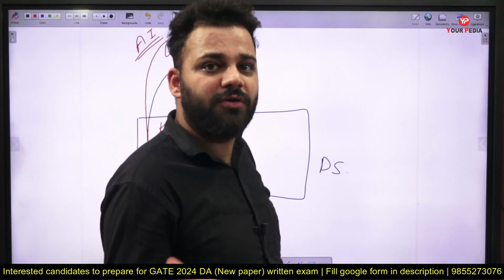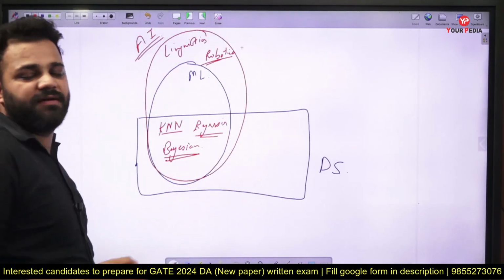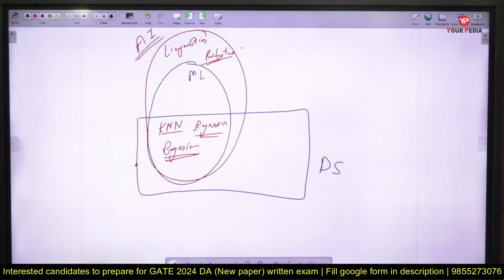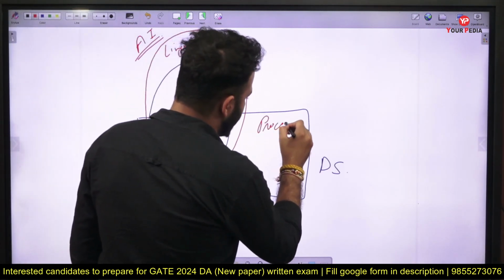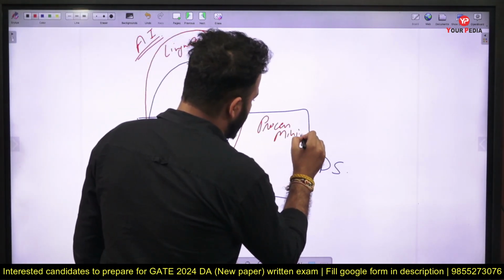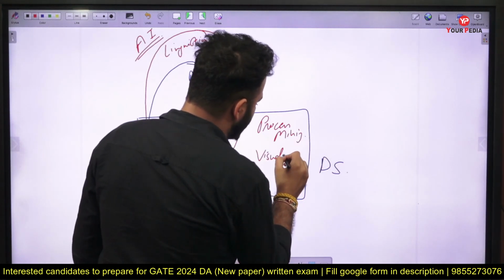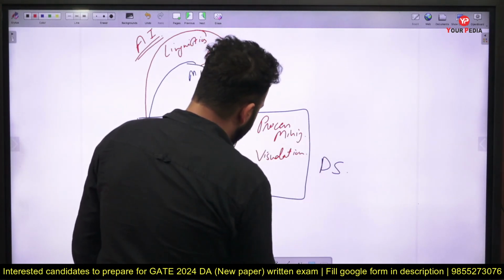Similarly, there are also some data science methods that do not come under the category of AI and machine learning, such as process mining, visualizations, and data cleaning.